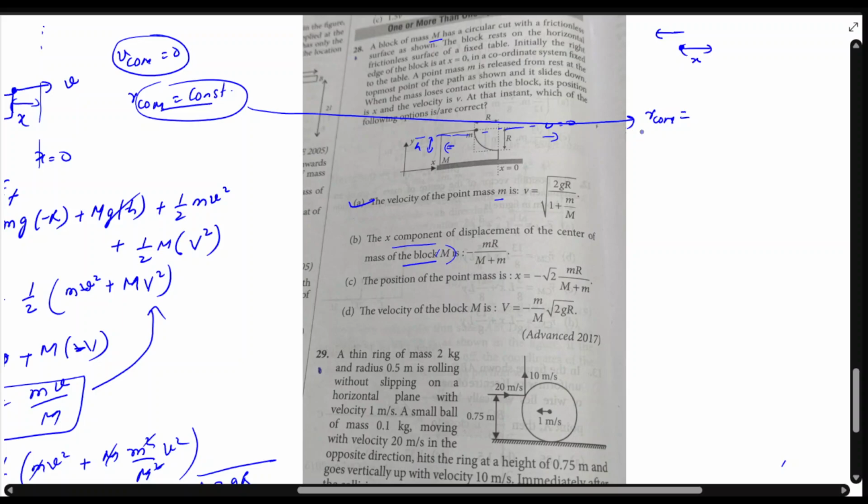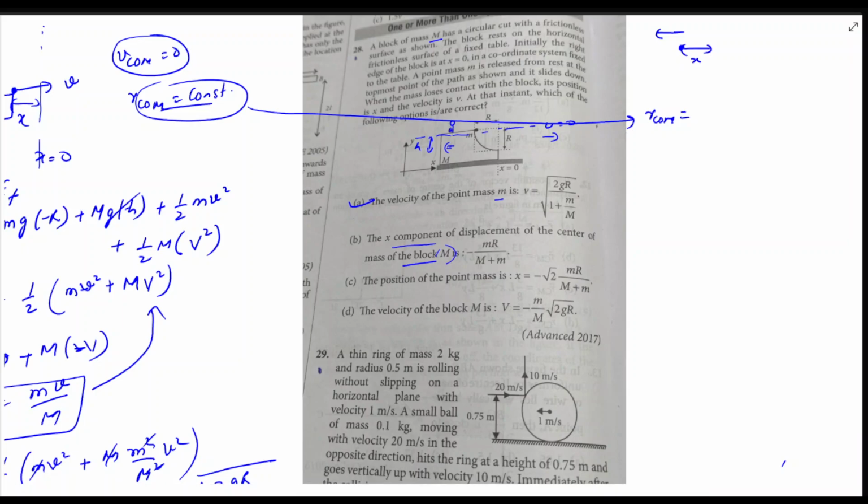Now, so look, if I sit on this capital block, what will I see? That this small m is moving capital R distance towards right. Okay, but what then if I go outside and see from here, I will see this capital block has moved backward by a distance small x.